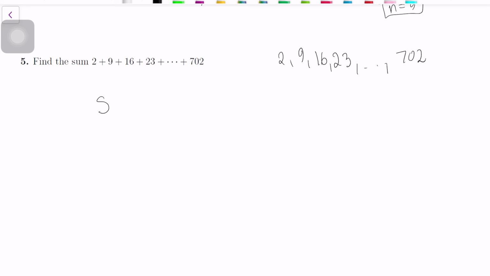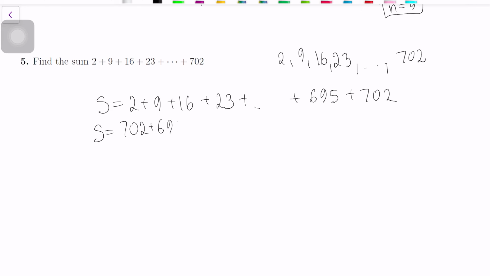And if you remember, the idea is, if you write the same sum in the decreasing order, so here right before 702 you should have 695, add 7, you have this, right? If you reverse the order, plus dots, 9 plus 2.